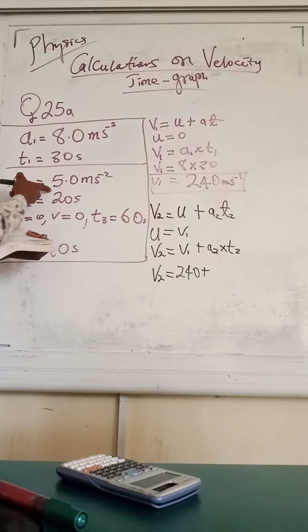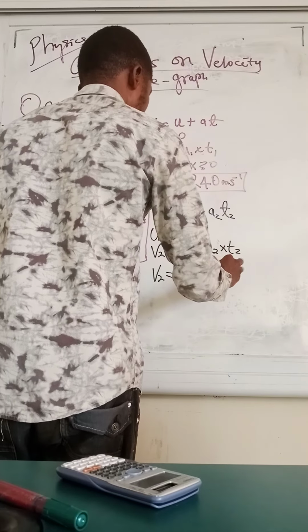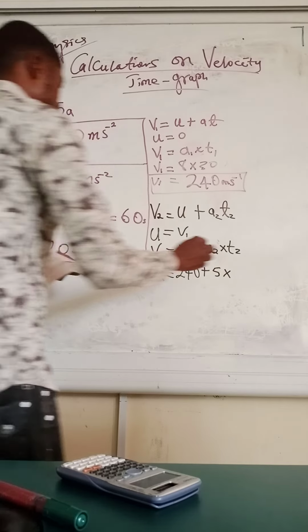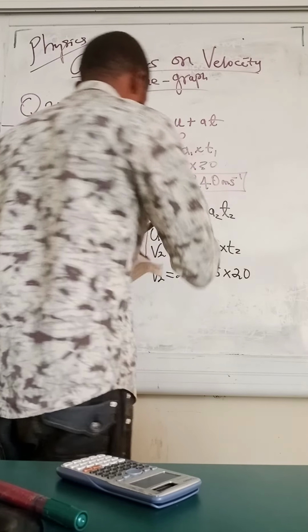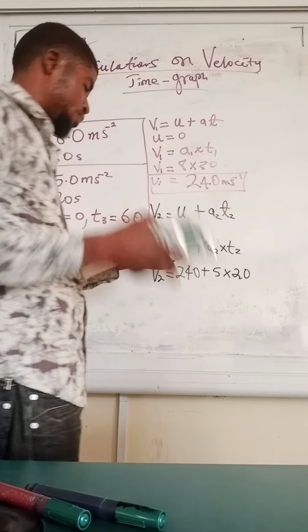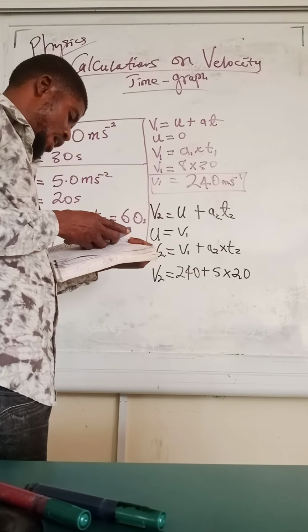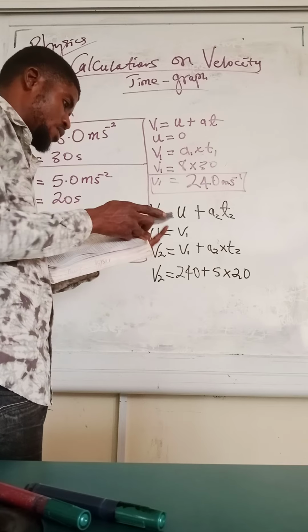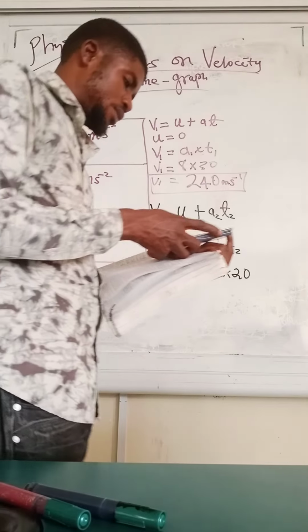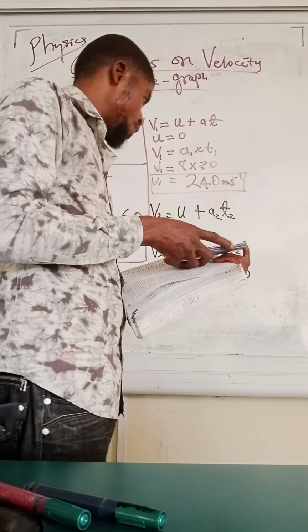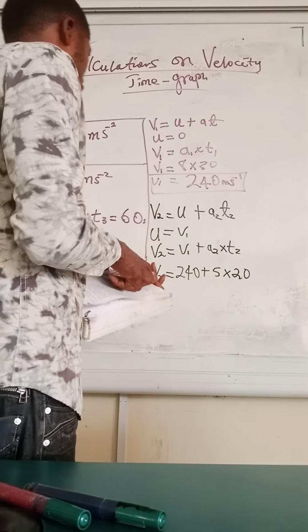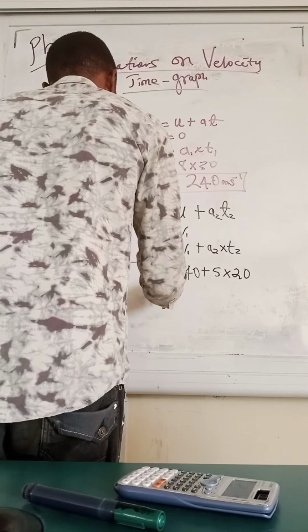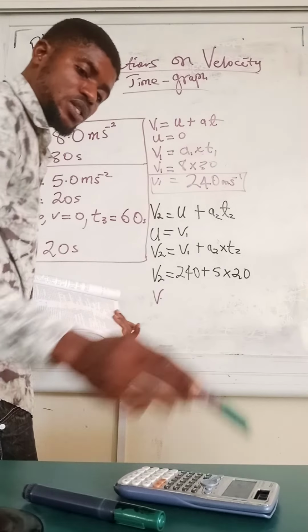Our A2 is 5 and our T2 is 20. 5 times 20 will give us 100. So 100 plus 240 will give us 340. So our V2 is 340.